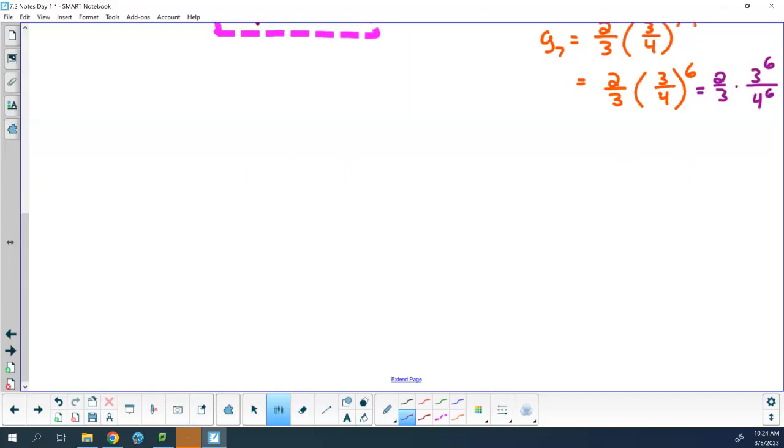Three to the 6th power is 729. 4 to the 6th power is 4,096. 4,096 divided by 2 is 2,048. 729 divided by 3 is 243.